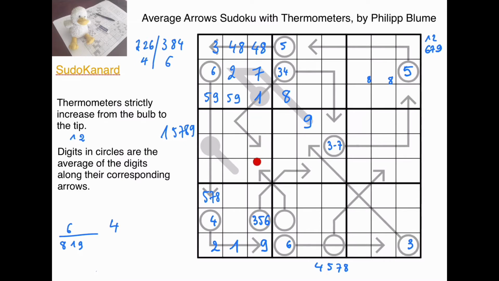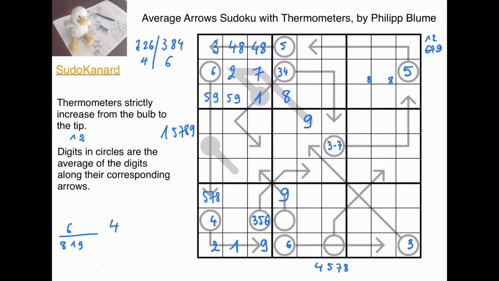There's a 2 somewhere in those cells, but 2 here would work with a 6 here and a 3. 2 here. This, well, I don't know. Oh! There's a 9 somewhere on this column. It's not here, it has to be there, but 9 won't be the mean value, so that's a 9.